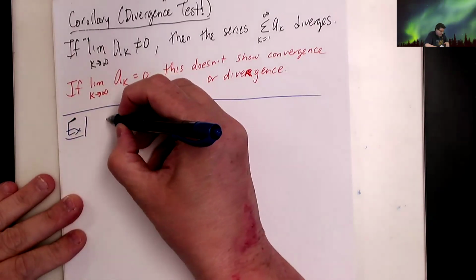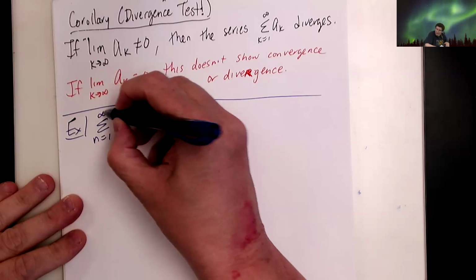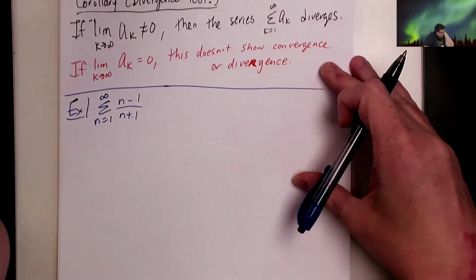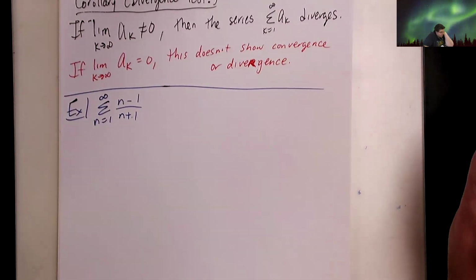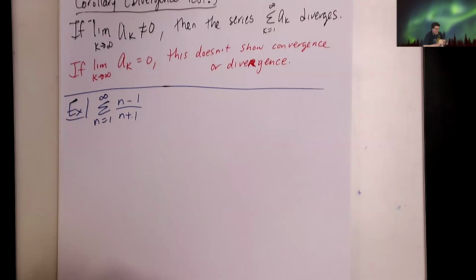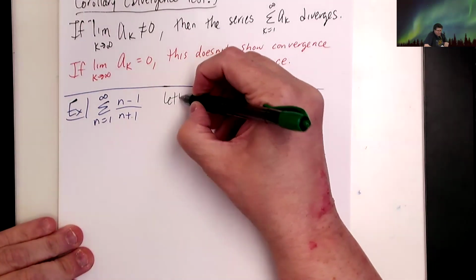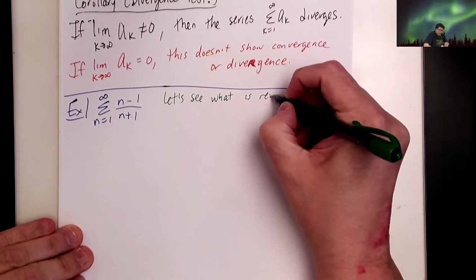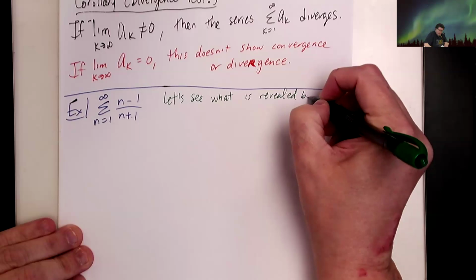Let's do the sum from n equals 1 to infinity of n minus 1 over n plus 1. And let's see what is revealed by doing the limit.